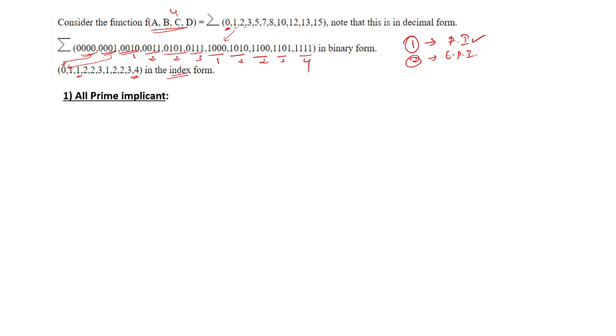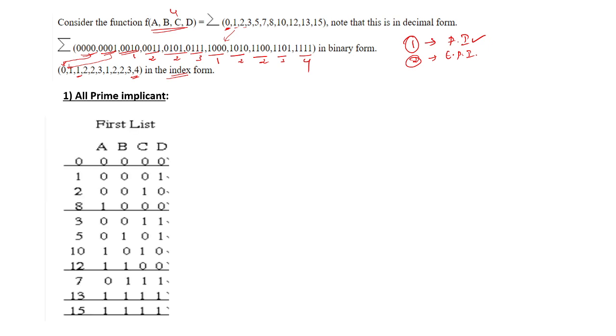To find them, first we have to write the min terms in the form of groups by index. So here it is index 0, here index 1, this is index 2, this is index 3, and this is index 4.